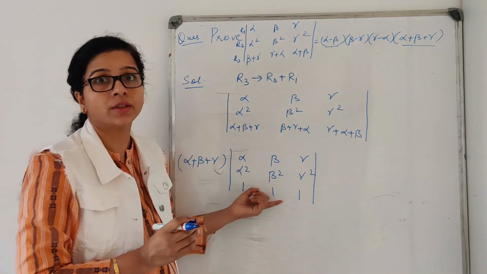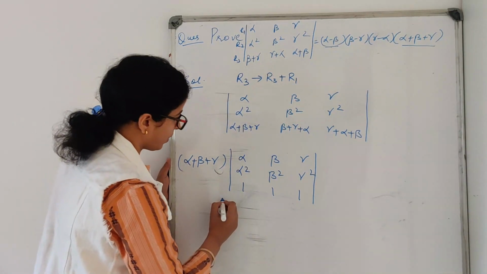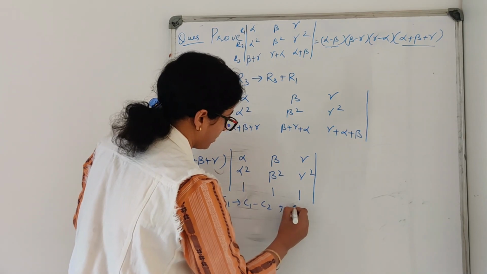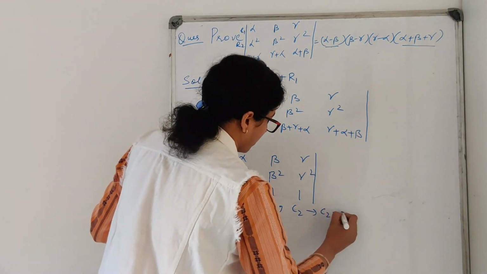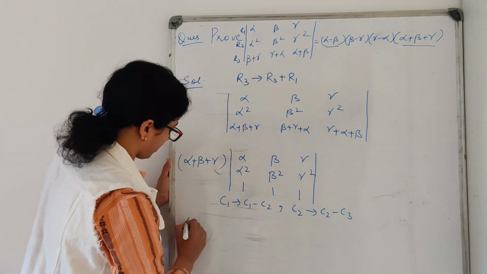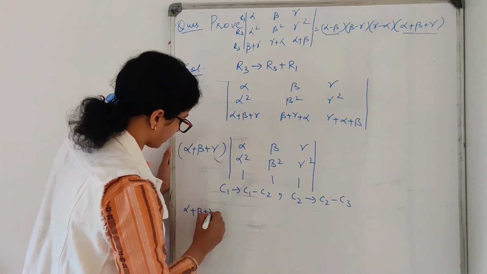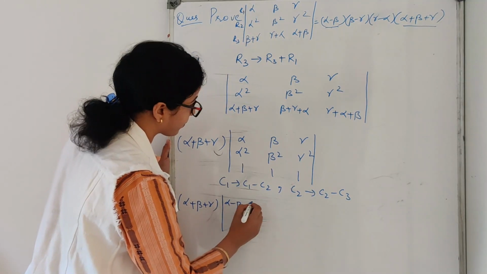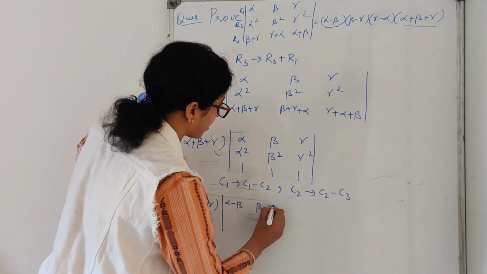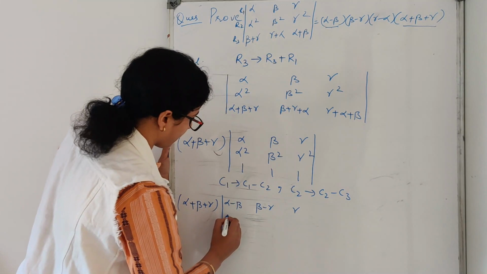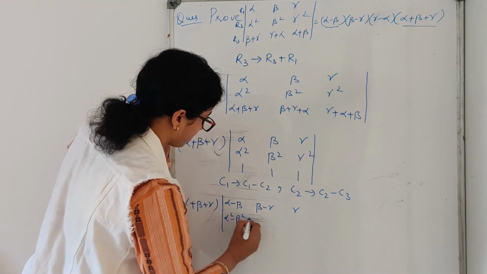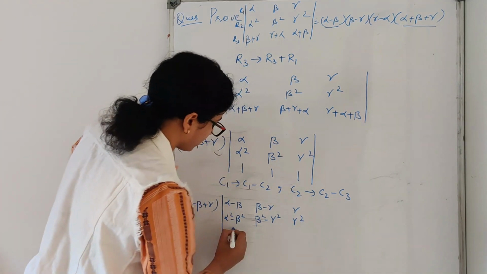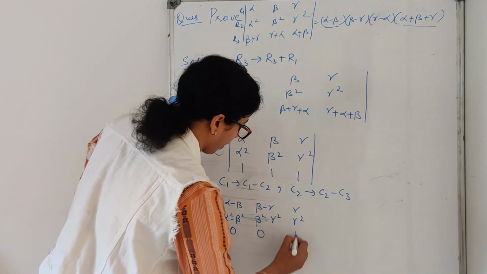So I'll make two zeros. Okay. So now what I am going to do, C1 tends to C1 minus C2 and C2 tends to C2 minus C3. Okay, so alpha plus beta plus gamma, and I am left with alpha minus beta, beta minus gamma, gamma, alpha square minus beta square, beta square minus gamma square, 0 0 1.